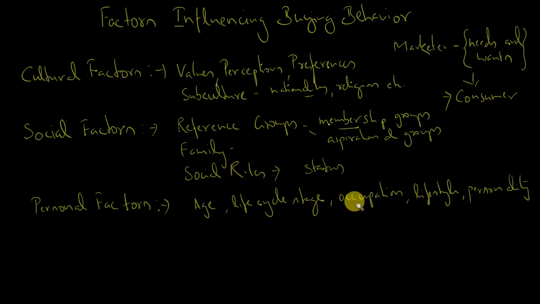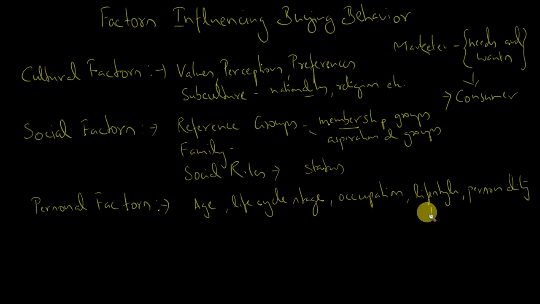A person's occupation influences his or her consumption pattern as well. A blue collar worker would buy clothes, work shoes, lunch boxes, etc. in a different way as compared to the CEO or the president of a company.